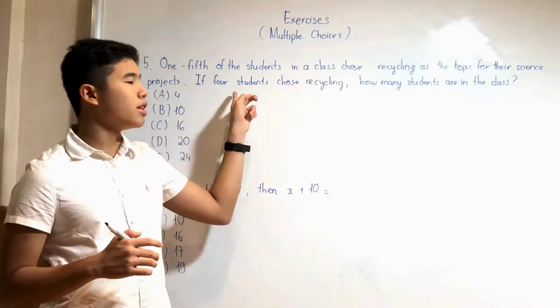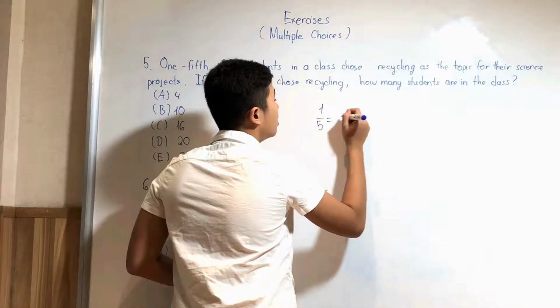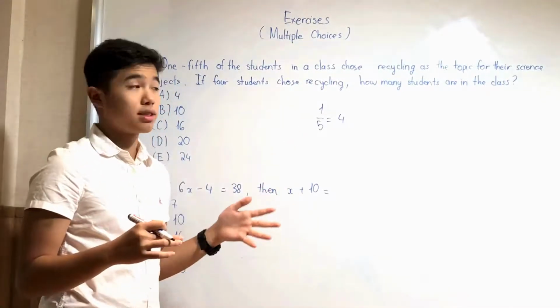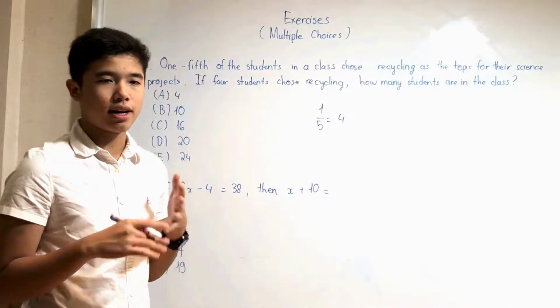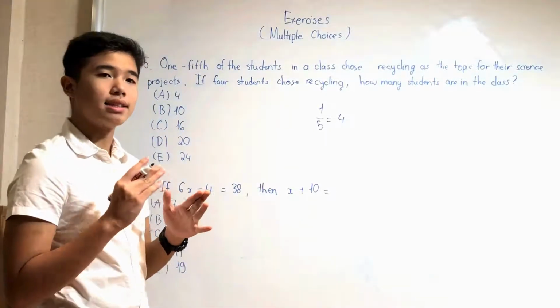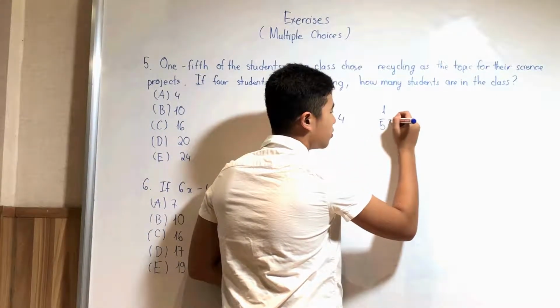So 1/5 is equal to 4. That's the first information we know. 1/5 is equal to 4 students choosing recycling. They ask us how many students are in the class. Very easy. Let's imagine it as a fraction. 1/5 of the class chooses recycling.